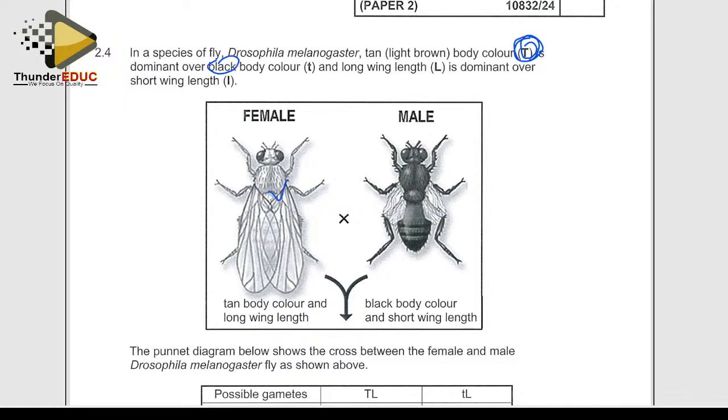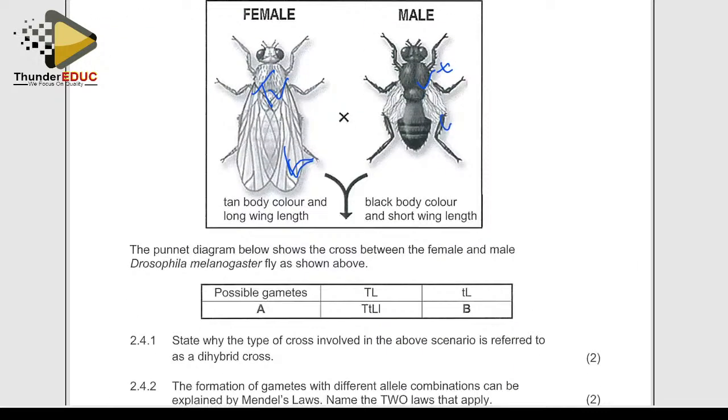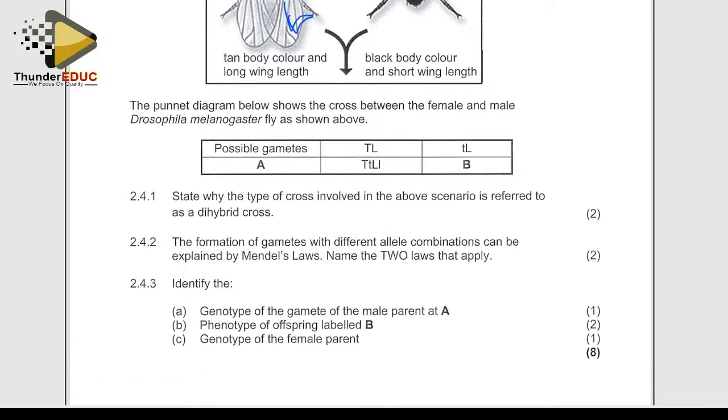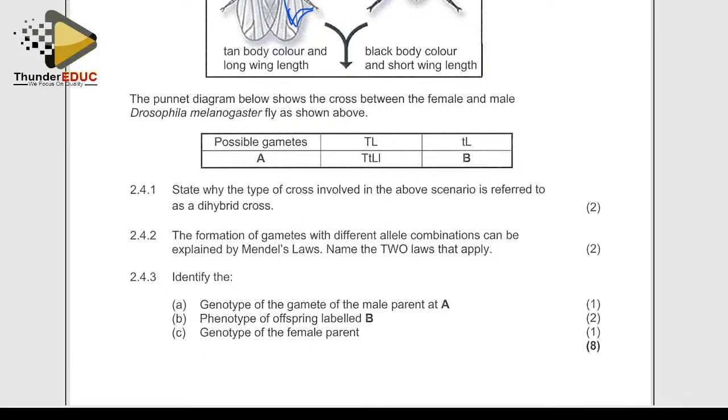So this one color is dominant over this, and then they're saying that long wing, meaning capital T, long, is dominant over small l, and then this is small t and l. The Punnett diagram below shows the cross between the female and the male Drosophila melanogaster fly as shown.